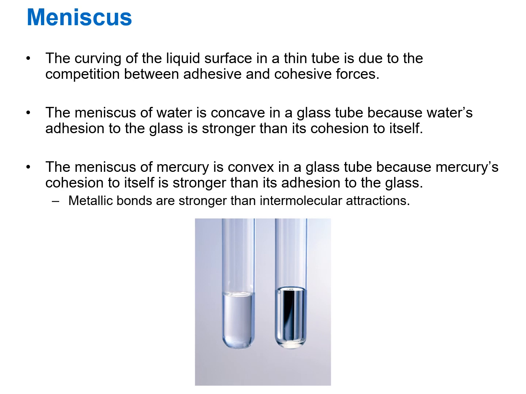And there's something that we haven't talked about in this chapter yet, and that is metallic bonds. You might remember that metallic bonds are bonds that exist among metals, and they're stronger than intermolecular attractions.